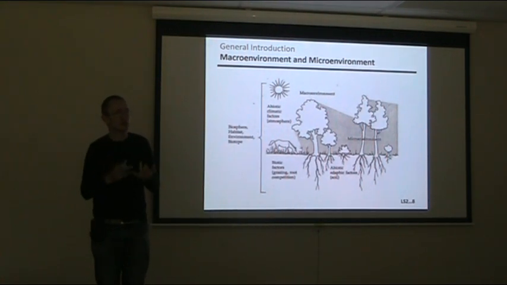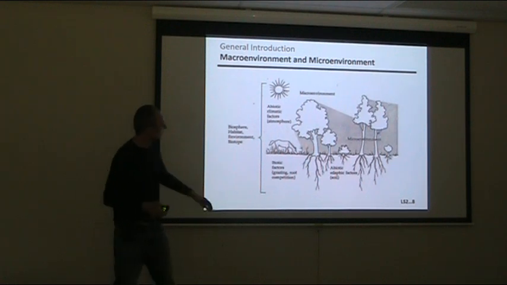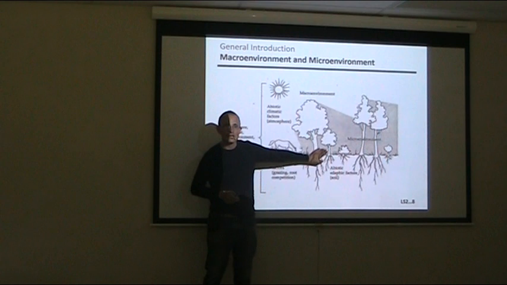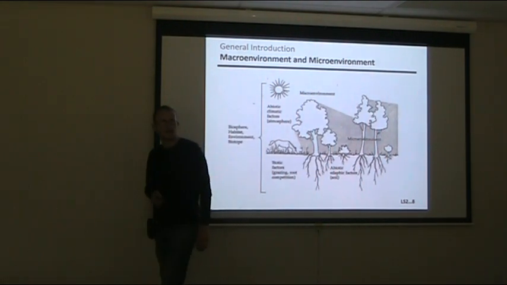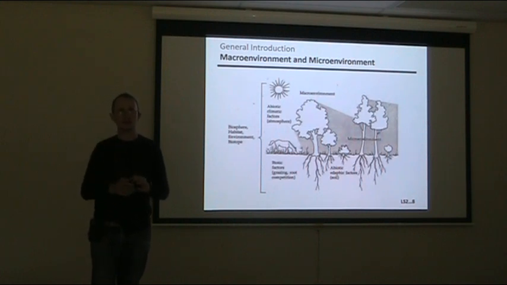You're now shaded, you've got less energy because there's less sunlight coming in. So you'd find light-loving plants or plants that need high levels of light versus shade-loving plants or shade-tolerant plants occurring under there. So you've got to get your eye in and thinking about how environment changes at different scales.